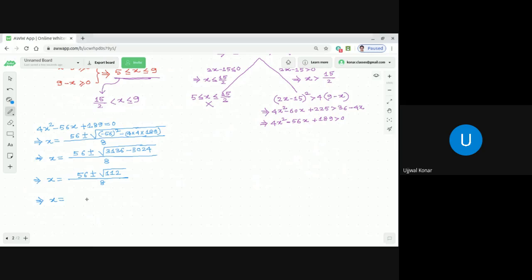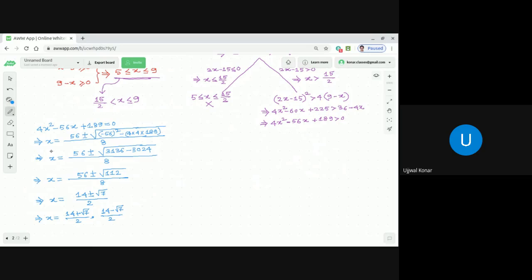I can take 16 common from square root of 112, so it will be 14 plus minus square root of 7 divided by 2. So what are the values of x we are getting? One value is 14 plus square root of 7 by 2, and the other value is 14 minus square root of 7 by 2.